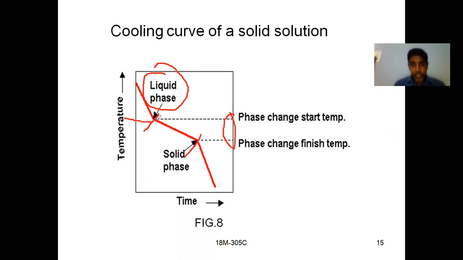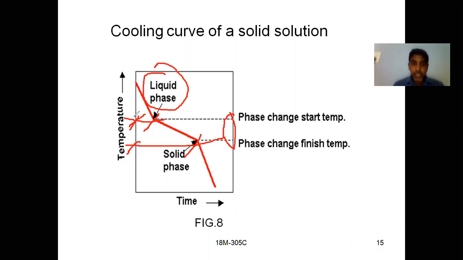If you observe this length, this is your temperature line. So at this point you are having some temperature, and at this point you are having some temperature. So from here to here, you are having a range. For example, some degrees to some degrees.